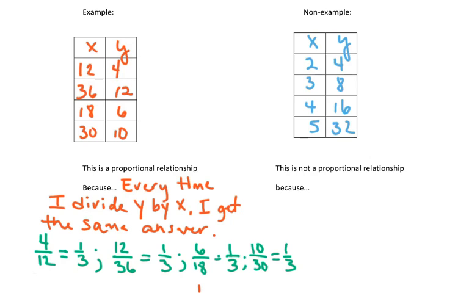So this one is not a proportional relationship because y divided by x does not result in the same answer. Let's take a look at the different pairs.